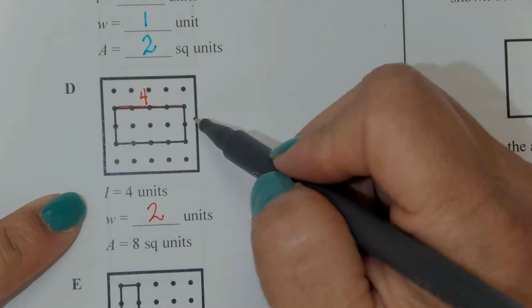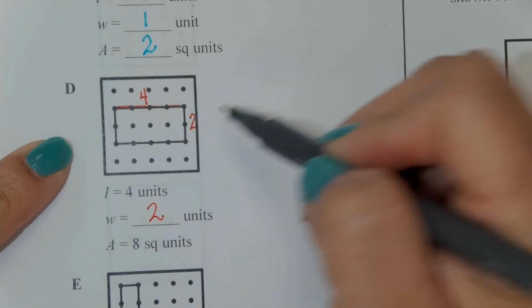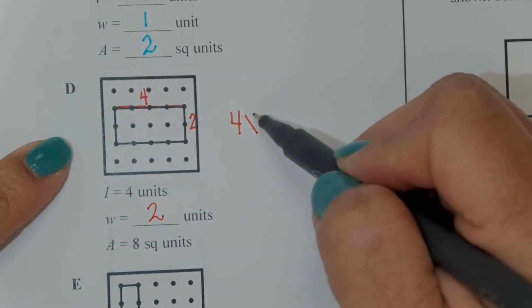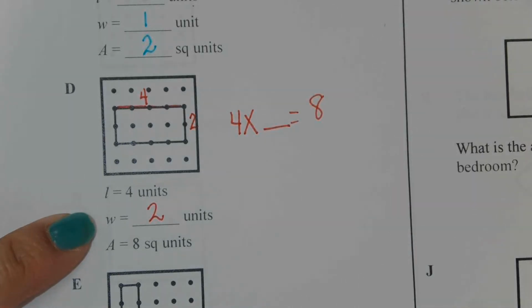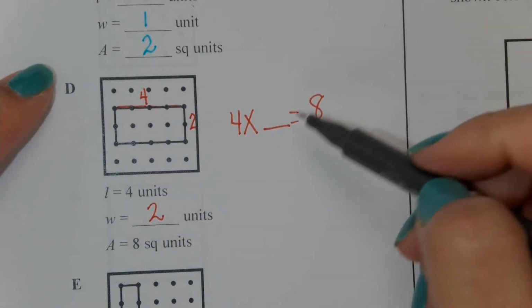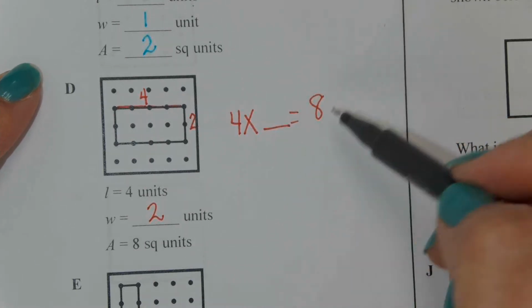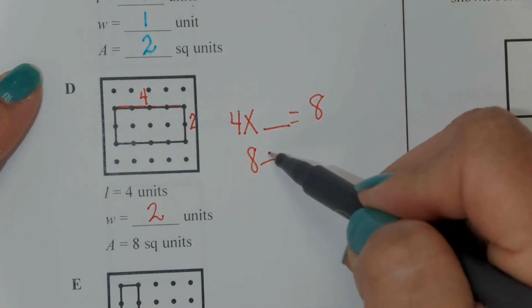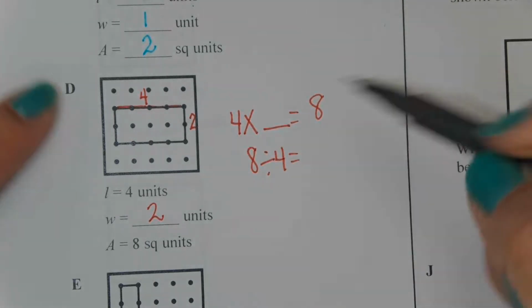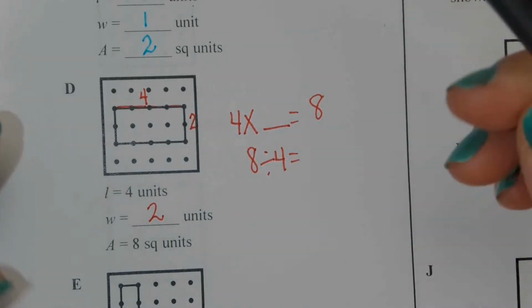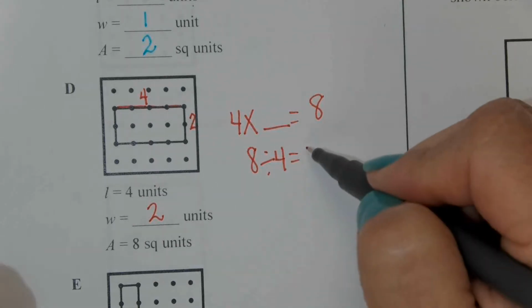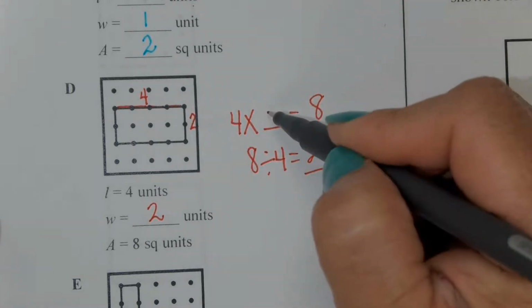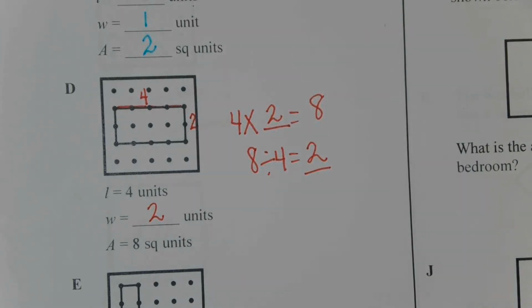So I know that 4 times something equals 8. So what can I do? Well, I would do 8 divided by 4 because I have 8 total and I'm putting them in groups of 4. How many groups am I going to have? 2. And there's your missing side.